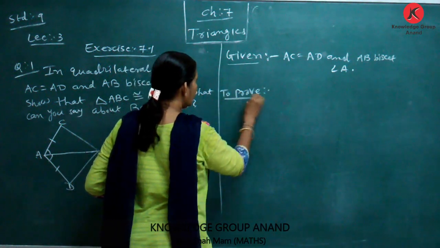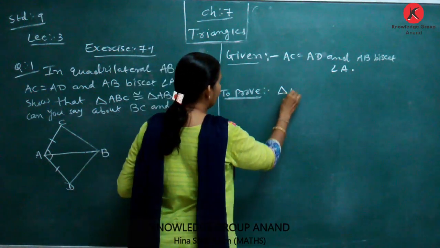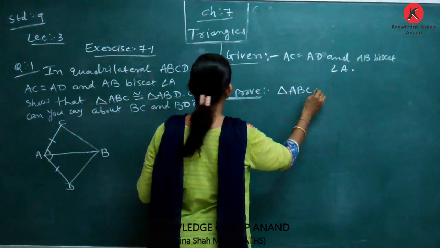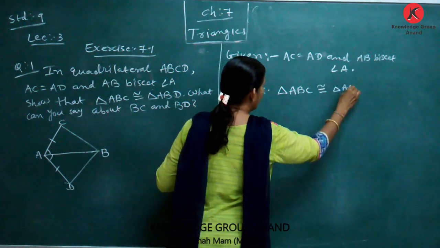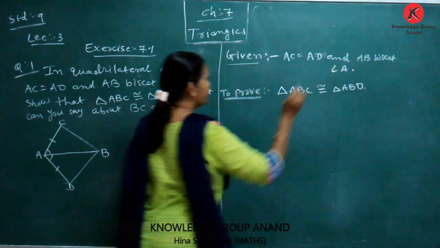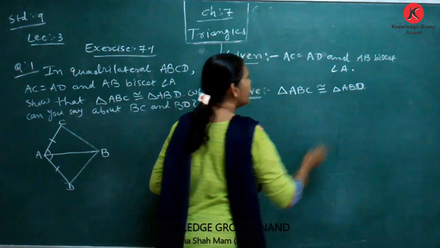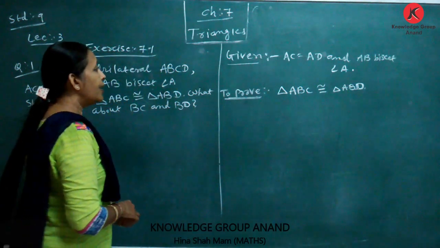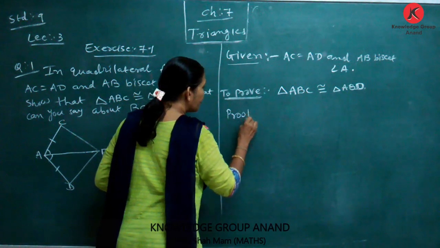We prove here that triangle ABC is congruent to triangle ABD. Then we write the proof.